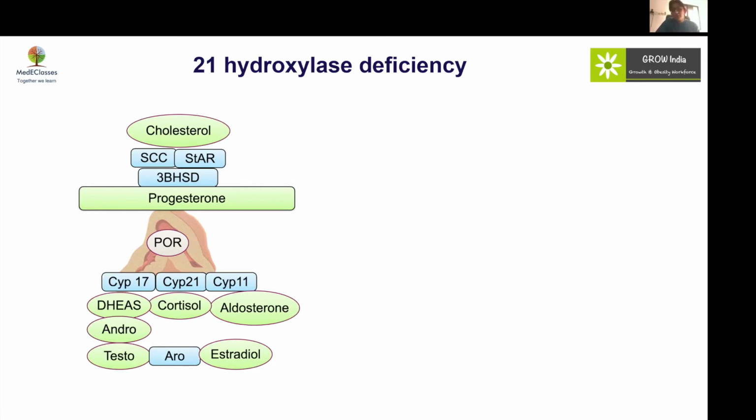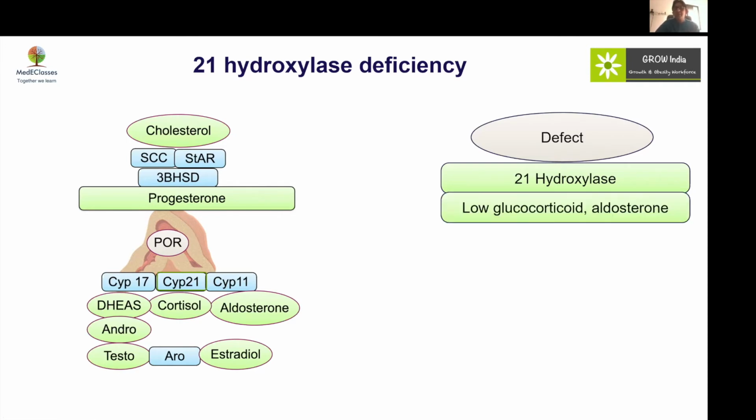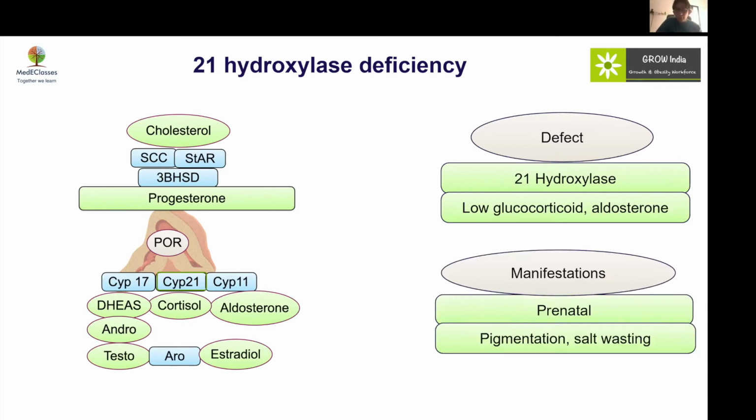Now we know that 21 hydroxylase deficiency is very common. It is seen in approximately 1 in 20 to 30,000 female live births. And we know that the defect is at the level of 21 hydroxylase, and depending on the quantitative presence of this enzyme, it will manifest as either classical or simple virilizing, or non-classical, which presents as a PCOD picture later in post-pubertal life, in which there is low cortisol and low aldosterone, and manifestations include prenatal virilization followed by pigmentation.